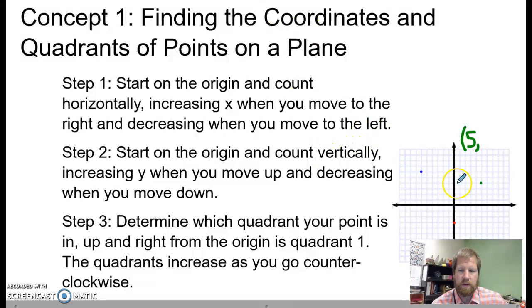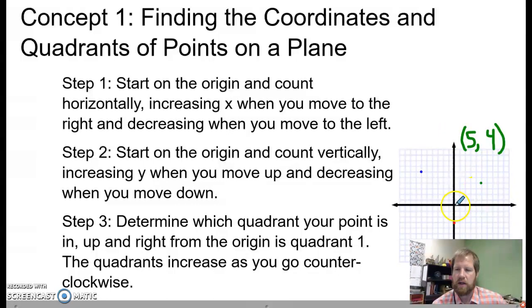And then you do the same thing for the y-coordinate. So you're counting vertically. I go up 1, 2, 3, 4. So I went up 4, so my y-coordinate is 4. Okay. And then to determine the quadrant, you will just need to look and figure out which area it's in.